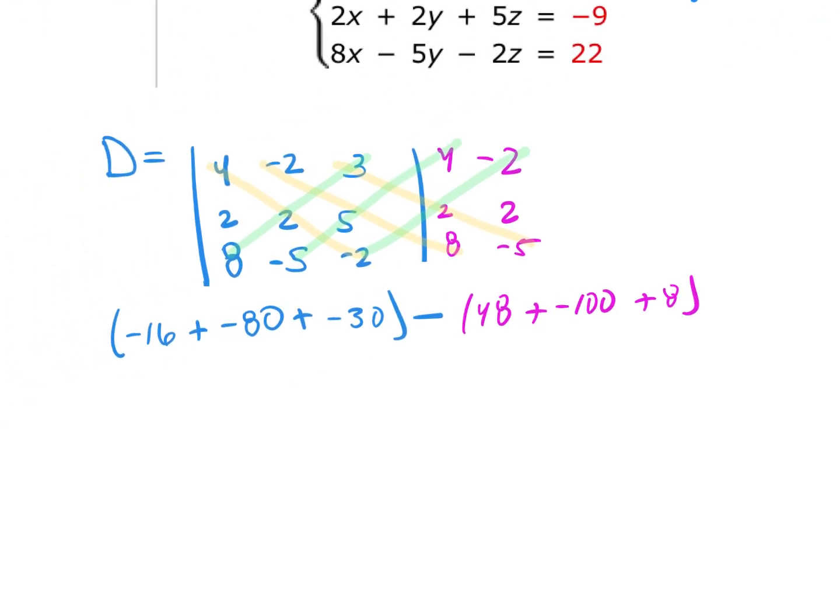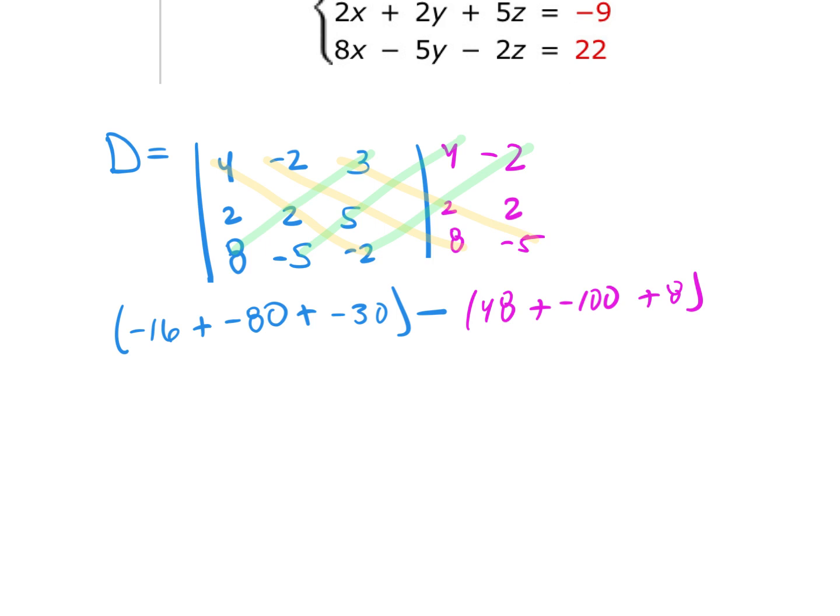So when I simplify this, negative 16 plus negative 80 plus negative 30, negative 126 minus negative 44. So you're going to add the opposite. I get negative 126 plus 44. And I get negative 82.